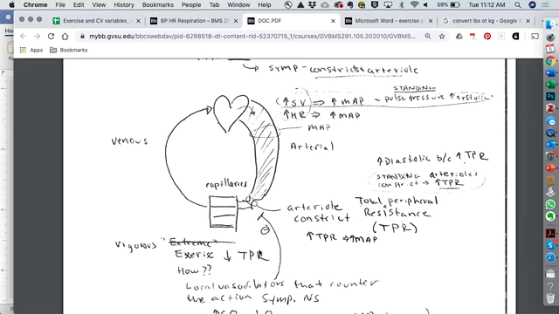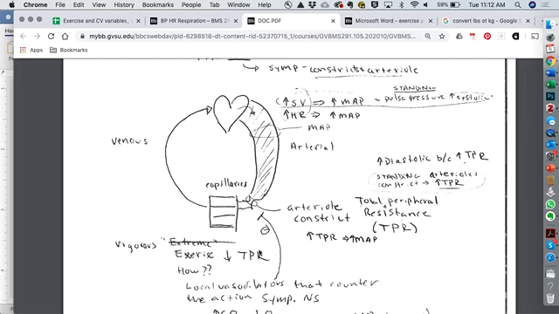So your heart rate improved because of the baroreceptor reflex. And that also affected your stroke volume. That's easy to talk about with the sympathetic system. That's really familiar.